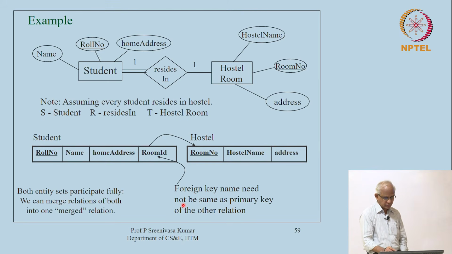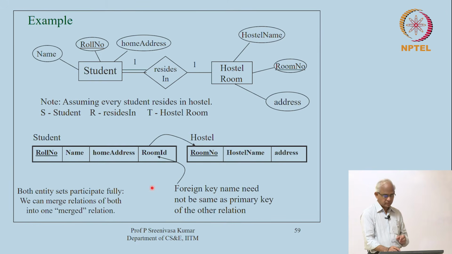The other approach that I was referring to, a lookup table kind of approach, is that we let the student relation be separate: roll number, name, home address. Let the room be separate: room number, hostel name, address. We will create a third table in which we just capture the association only. What is the roll number, and what is the associated room ID? We can capture that separately as a lookup table in some sense.